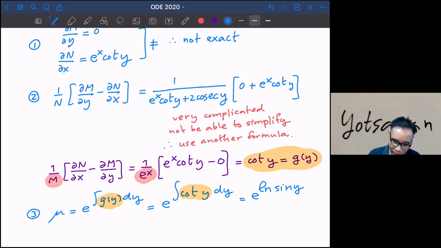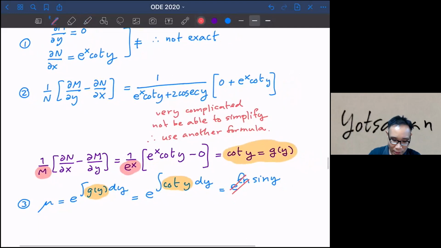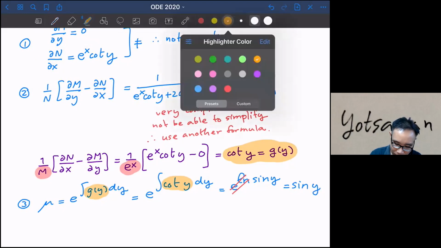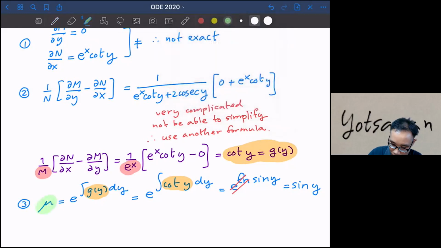That would make the calculation more complicated, and we don't need it right now. So you get rid of this and you just get sin y for the integrating factor. Let's use the green. So you have sin y.